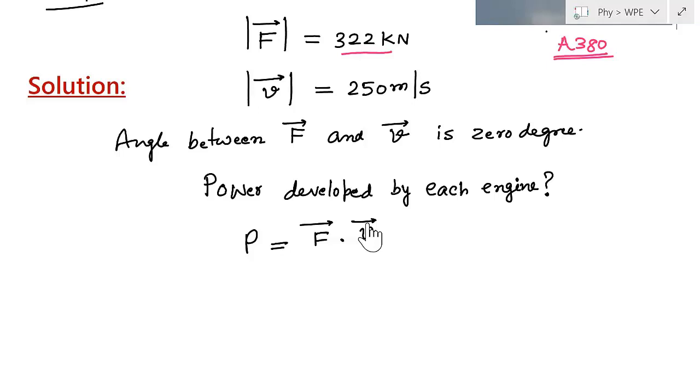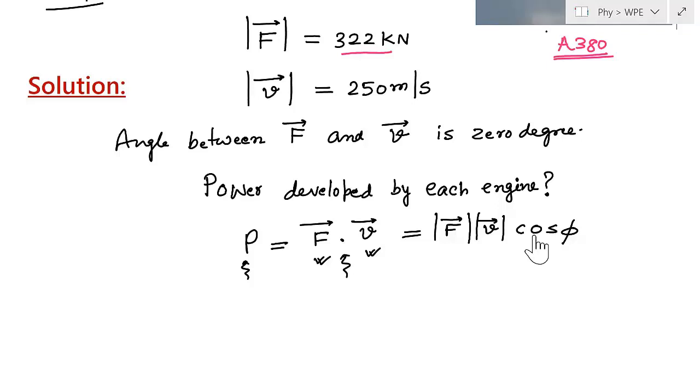In this case force is a vector quantity, velocity is a vector quantity, but once you take the dot product, the power becomes a scalar quantity. Now F dot V I can write as magnitude of F, magnitude of V, and then multiply by cos phi, where phi is the angle between force and velocity vector.